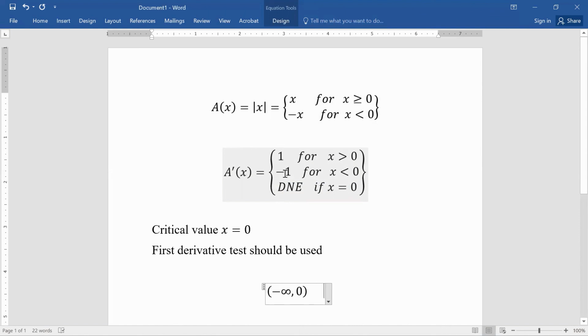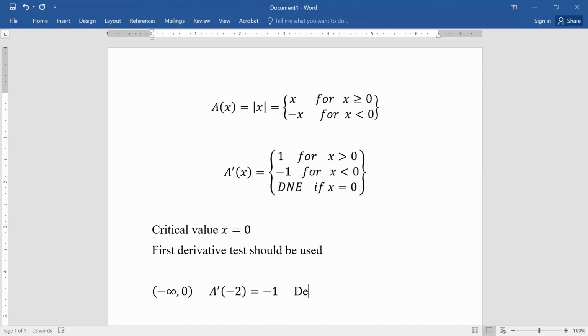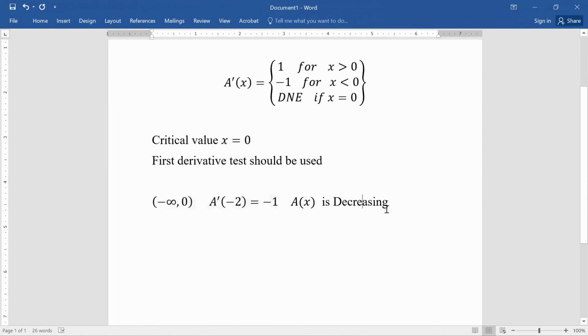From -infinity up to 0, the derivative a prime of any number, let's take a prime of -2, is equal to -1. Any number where x is less than 0, the derivative is negative. So we know that our function, let me rephrase that, the function a of x is decreasing from -infinity up to 0.